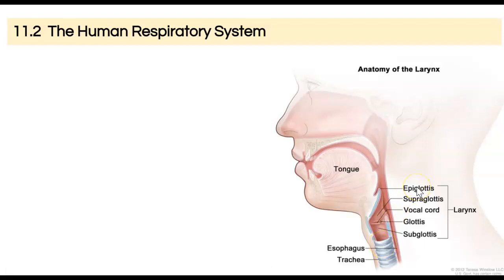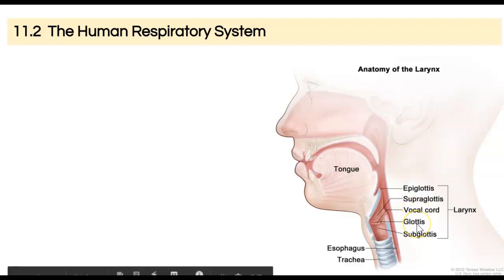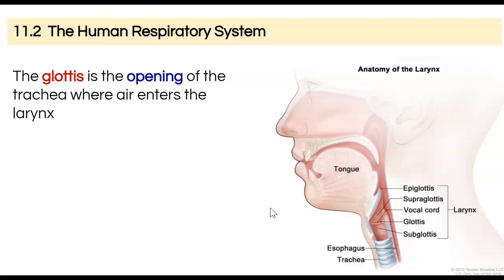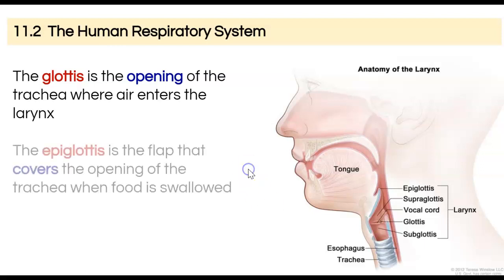The other piece is the glottis. The glottis is basically the opening where the air is going to enter into your larynx. And as we spoke about before, the epiglottis serves to prevent you from choking while you're eating.